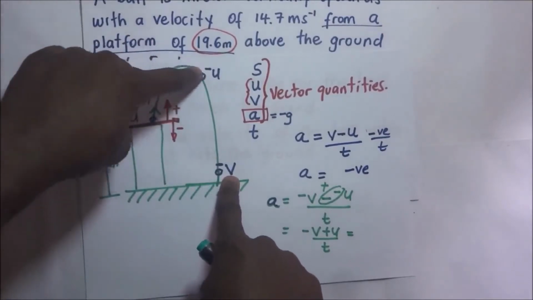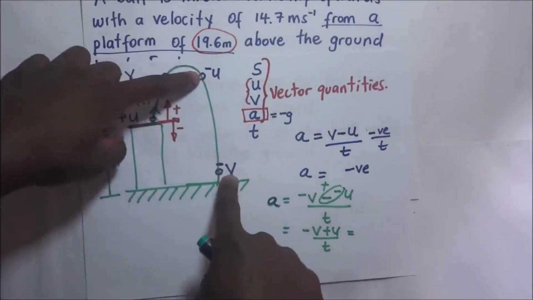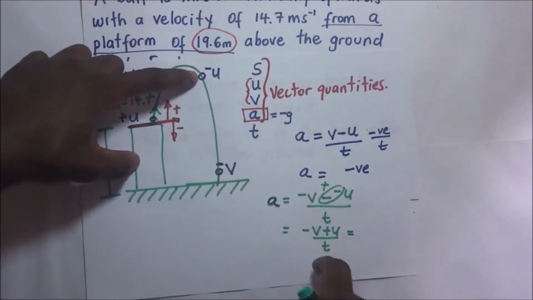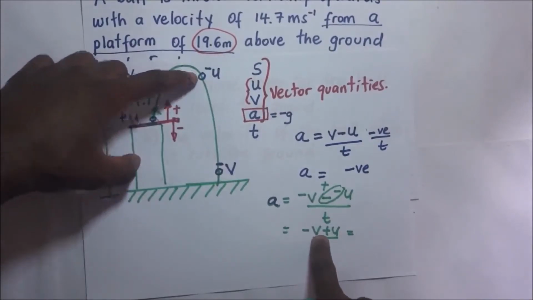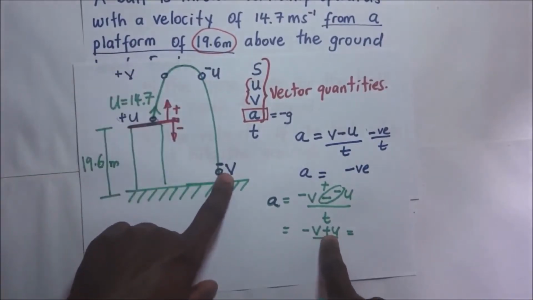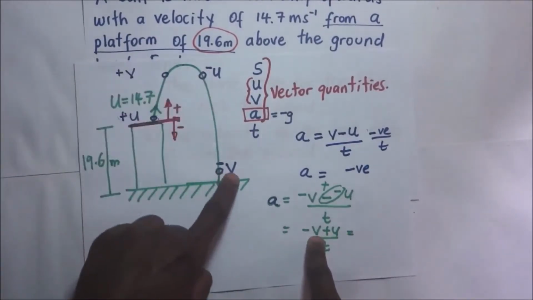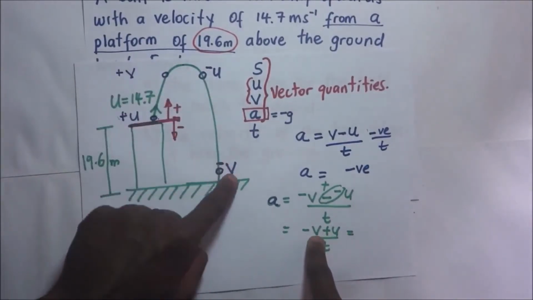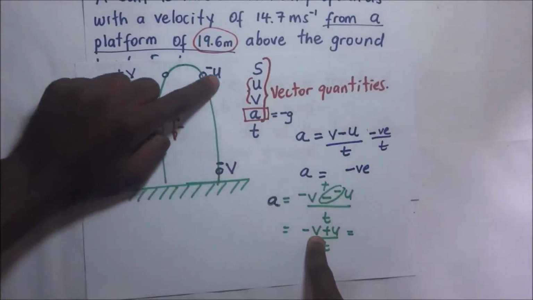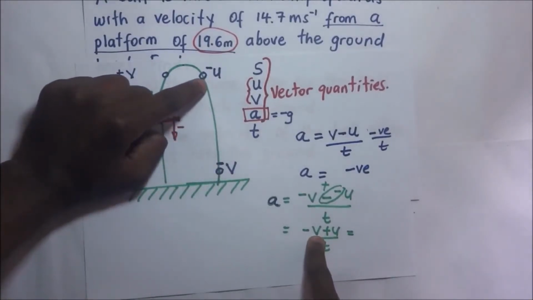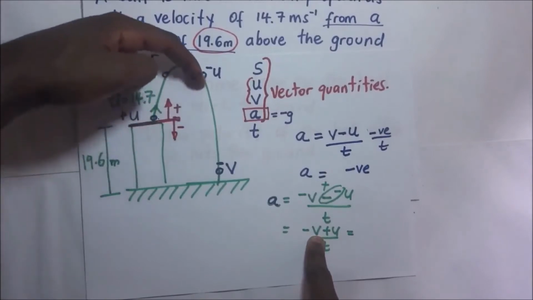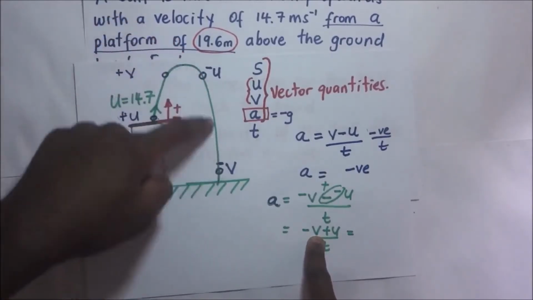The velocity here is going to be less than the velocity here. So it means that here you're going to have a negative velocity which is higher, plus a velocity which is low. Now let's say this was negative 30. This is 30 meters per second. If you dropped it off here at 10 meters per second, it's going to keep increasing to 30 and so forth.